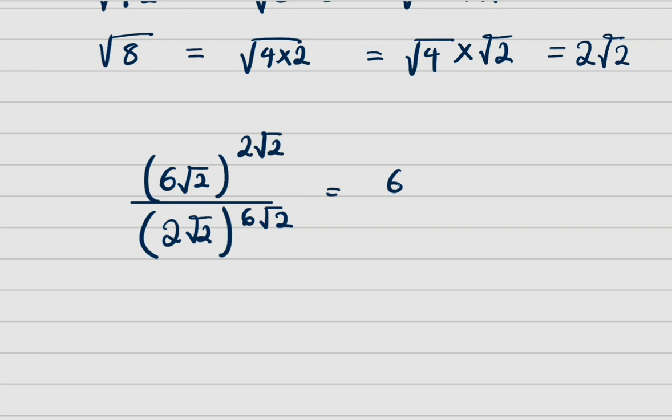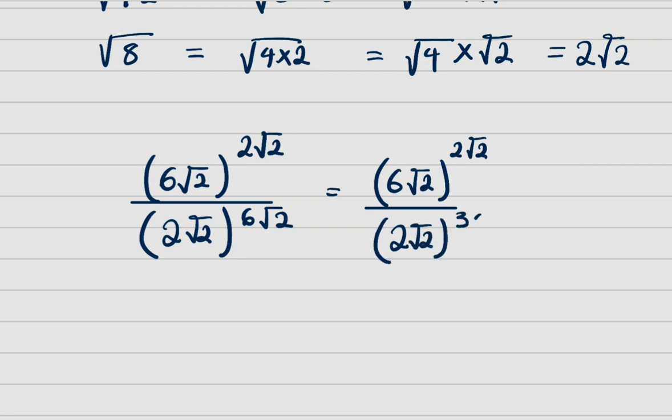This is going to be 6 root 2 all raised to power 2 root 2. Then I'm going to have 2 root 2 all raised to power, I can write 3 times root 2. This is a trick, okay? Not just 3 times root 2. Let me correct it.